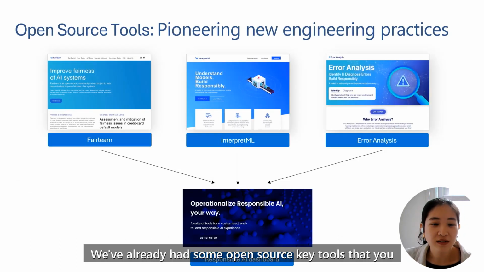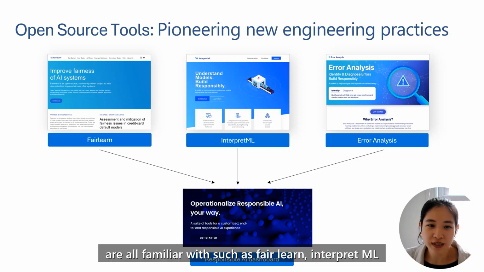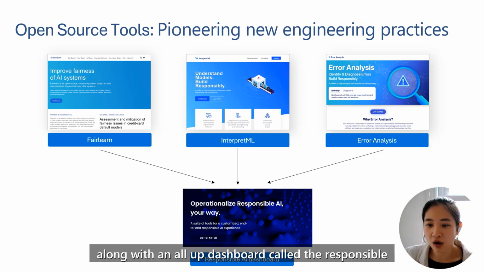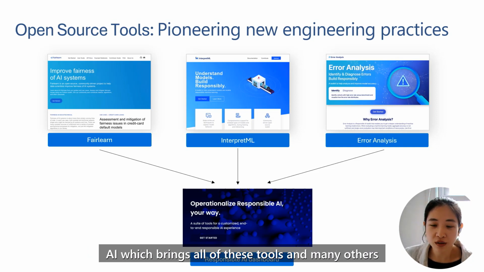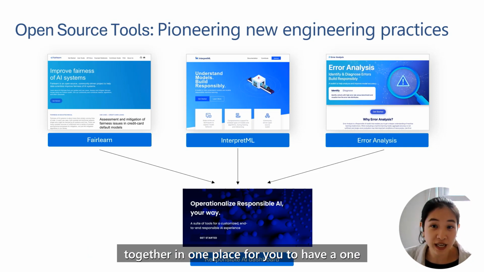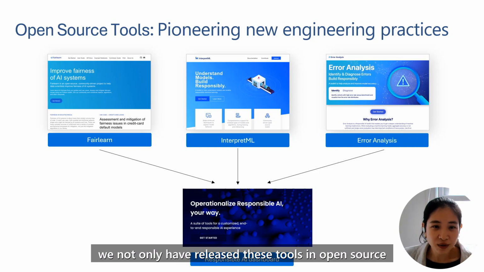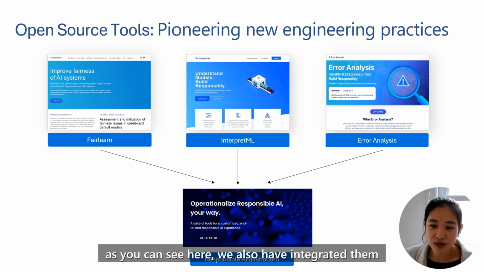We've already had some open source key tools that you are all familiar with, such as FairLearn, InterpretML, and error analysis that we've released in the recent past, along with an all-up dashboard called the Responsible AI dashboard, which brings all of these tools and many others together in one place for you to have a one-stop shop of analyzing your machine learning model.